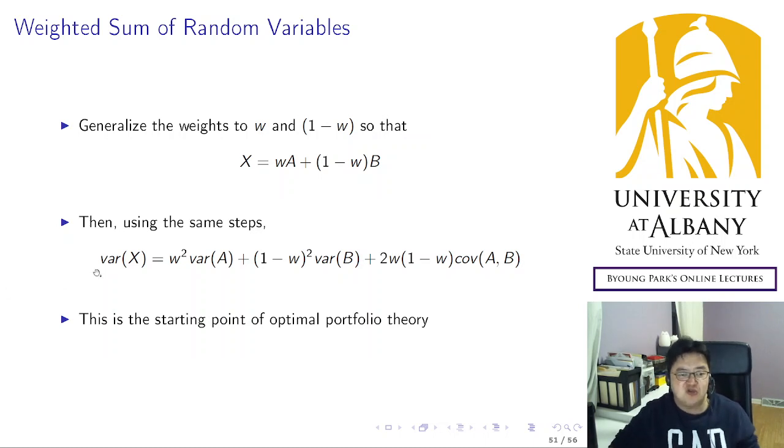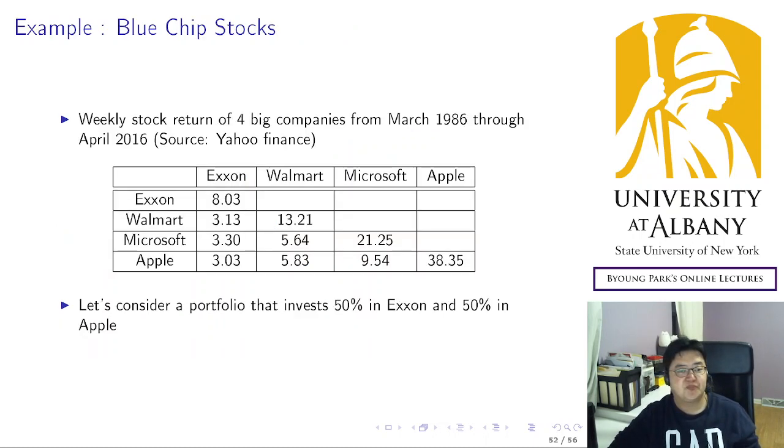From here, what you learn in financial economics is to minimize the risk, minimize the variance, and find the optimal weight that minimizes the variance, right? You can simply differentiate this and find the first order condition, second order condition, find the minimum, right? That's how you find the optimal weight based on risk, which is exactly what financial economists do.